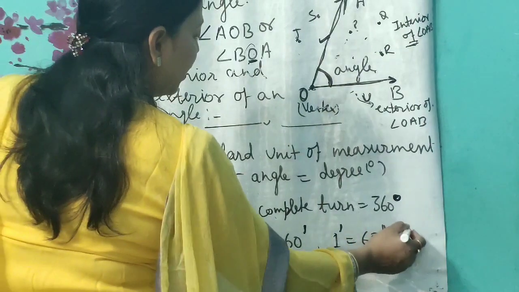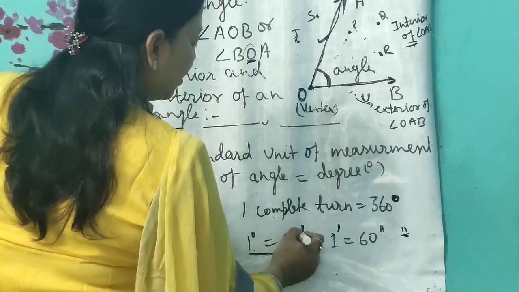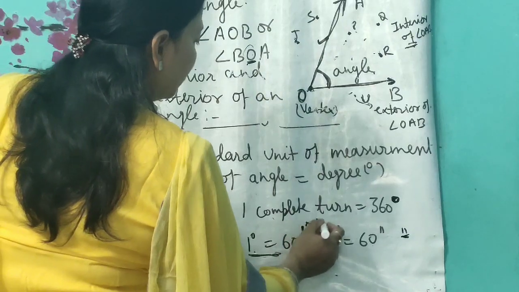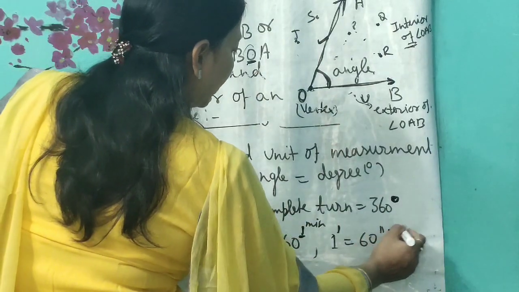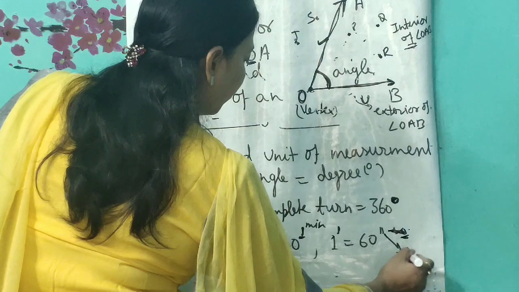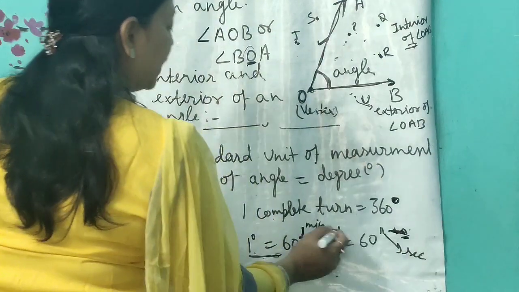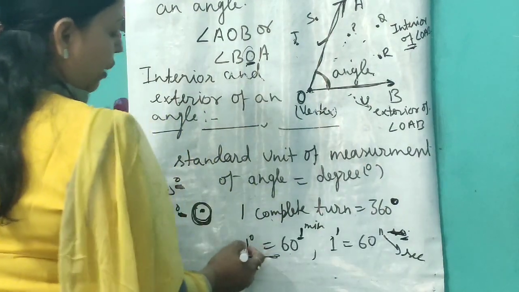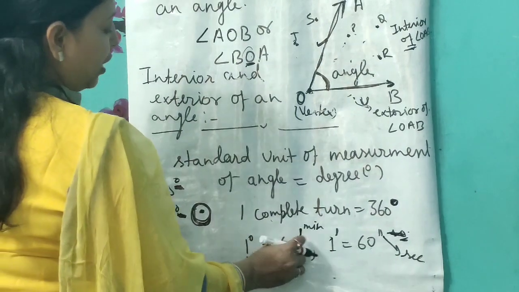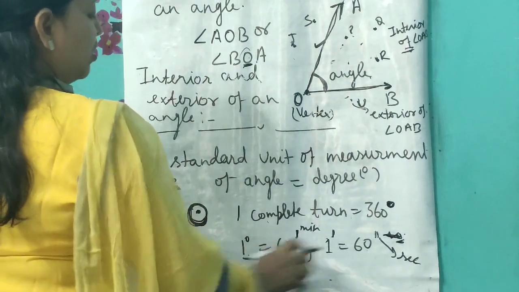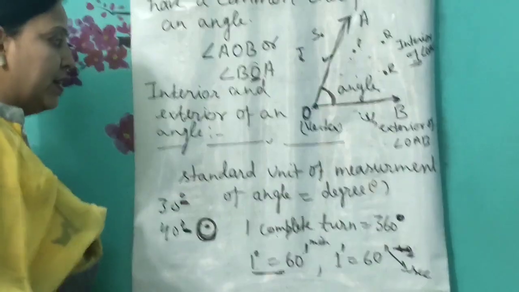This double dash is known as second, and this one is known as minute. So 1 minute is equal to 60 seconds, and 1 degree is equal to 60 minutes. We will use these things afterward in some numericals.